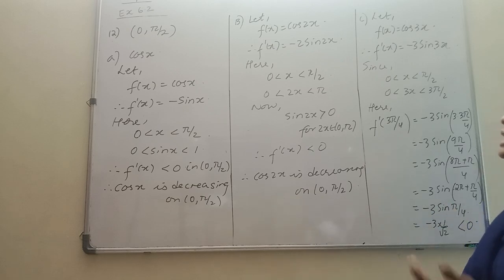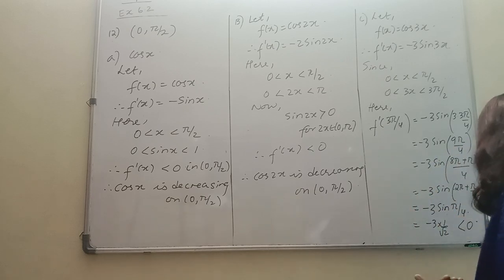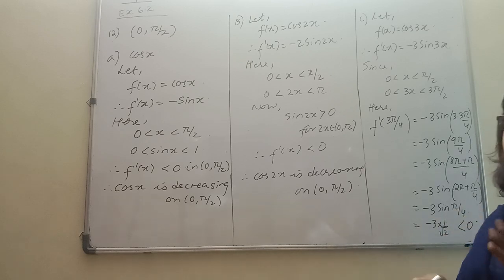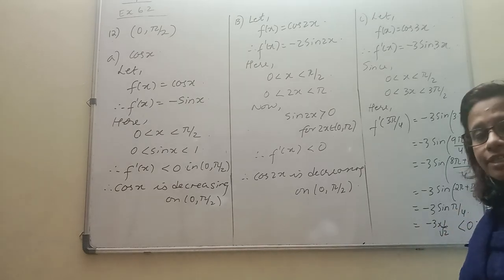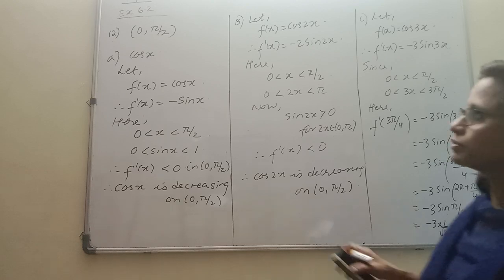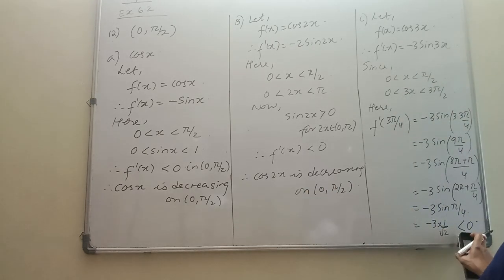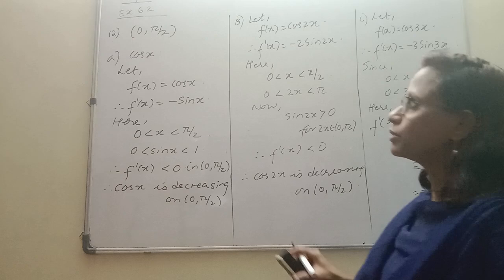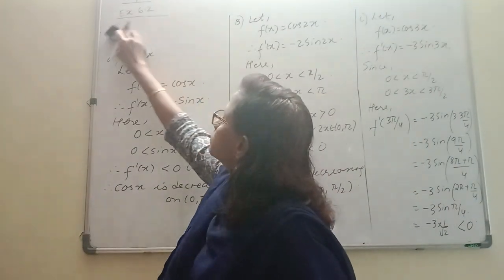What we are doing is, between 0 to 3 pi by 2, we are trying to show that some values are positive and some values are negative. So it is neither increasing nor decreasing there. That's what we are trying to show, and for that, we have shown one value negative. Obviously, we are going to take some other value which is going to be positive.